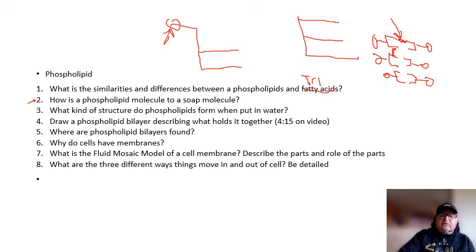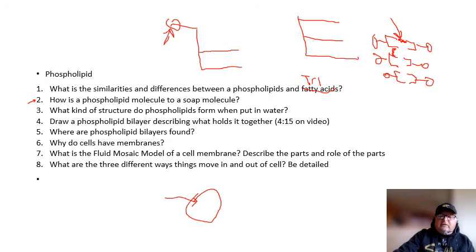What is the fluid mosaic model of a cell membrane? Well, when you look at a cell on the outside, okay, it's not just phospholipids. It'll have other parts. It'll have cholesterol, which helps give stability to the cell.